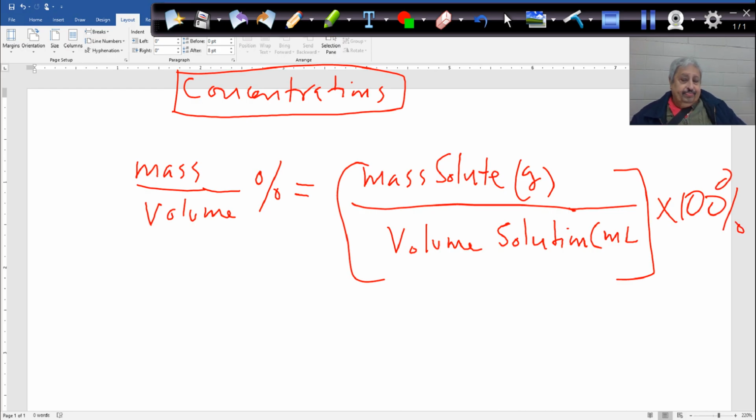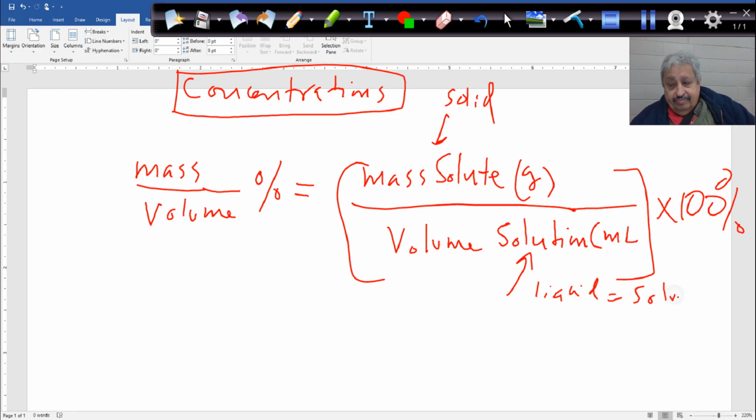Okay, guys? So in this case, the mass is solid here, and this is liquid, which is the solvent itself.